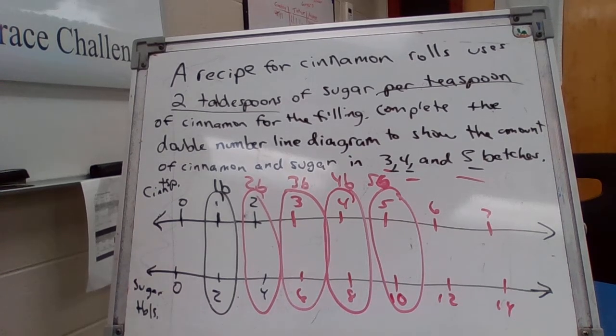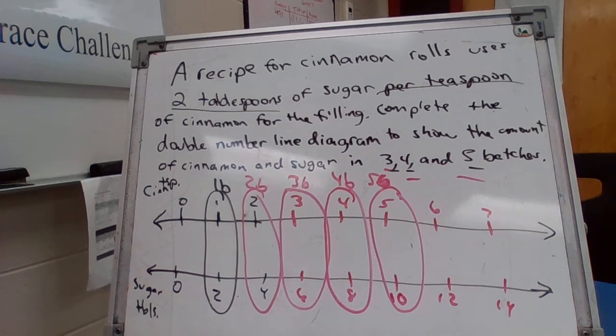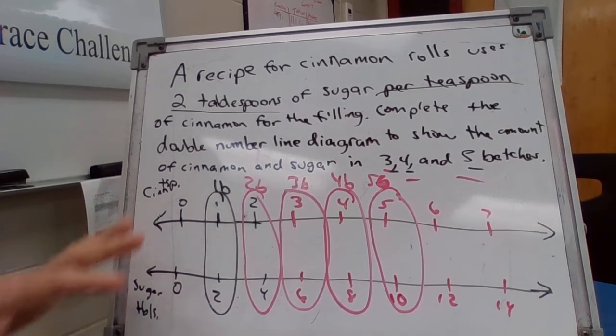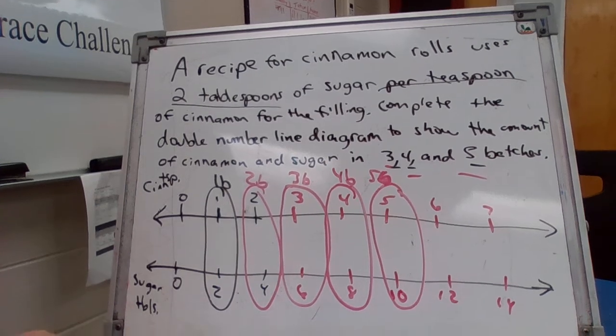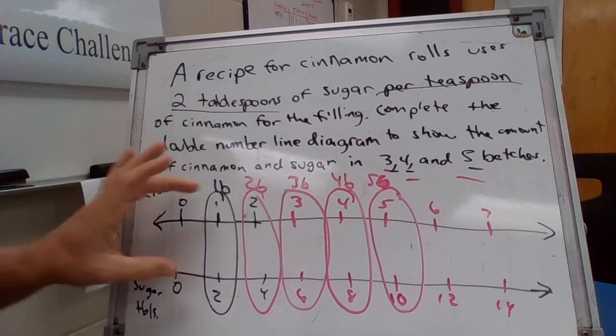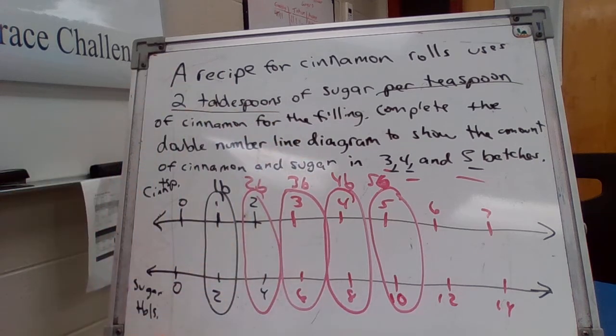The rest of them are very similarly worded. As you go into number 3, you will have to even create the number lines themselves. 1 and 2, they give you a starting point. 3A, you will have to create the double number line and space it and so on and so forth.